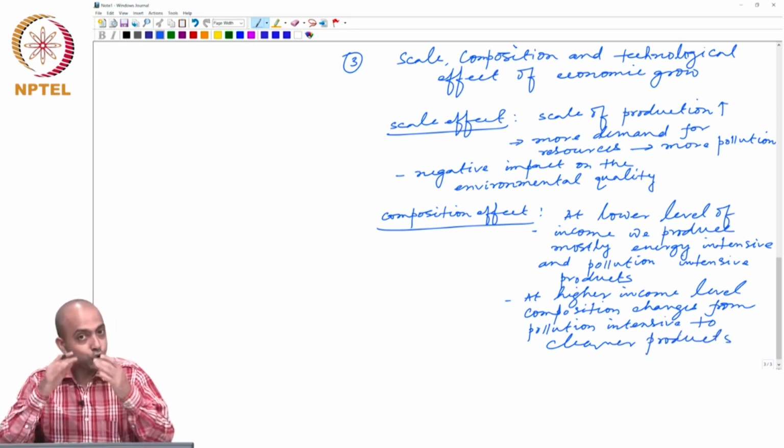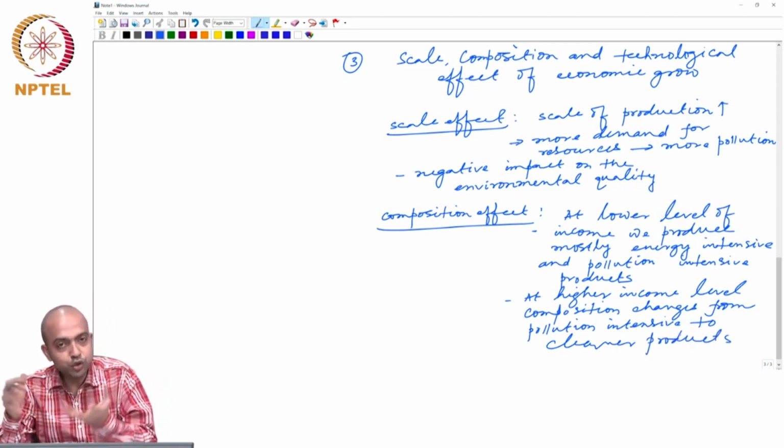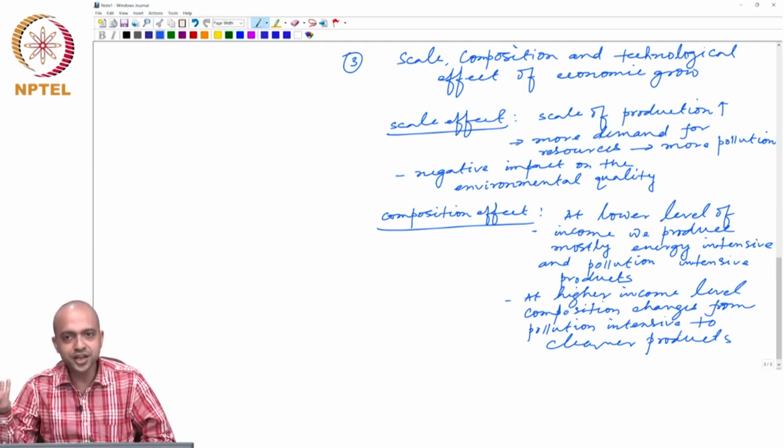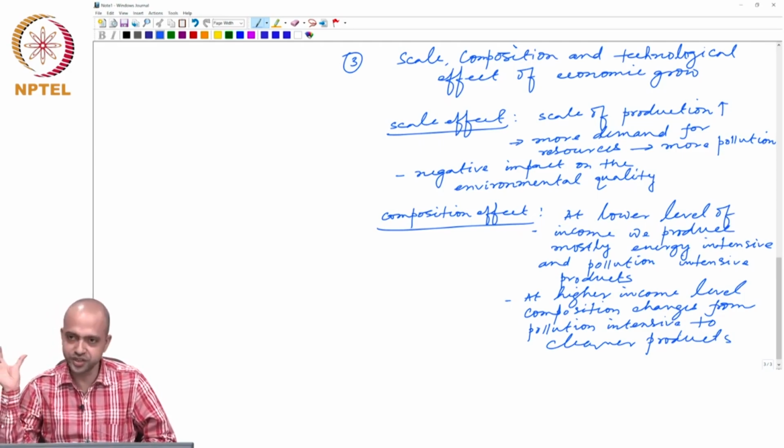So, at lower level of income, economy mostly produces energy intensive and pollution intensive goods and services.